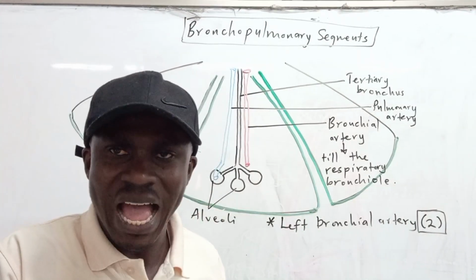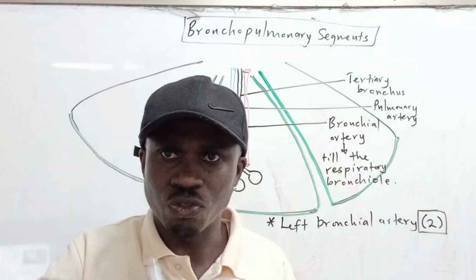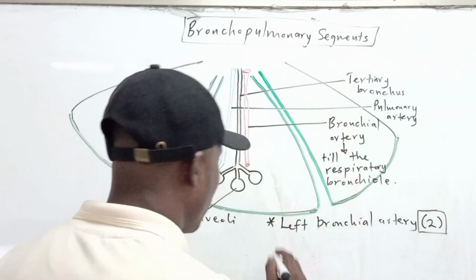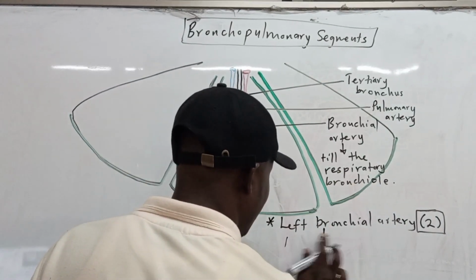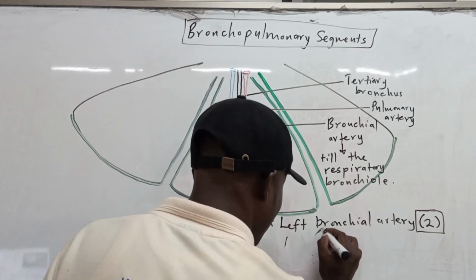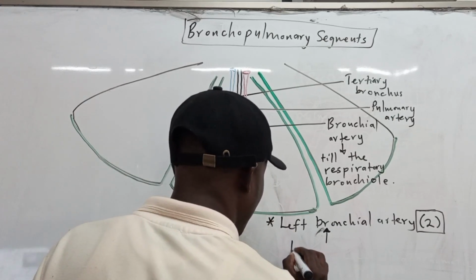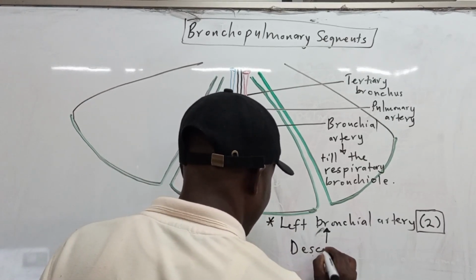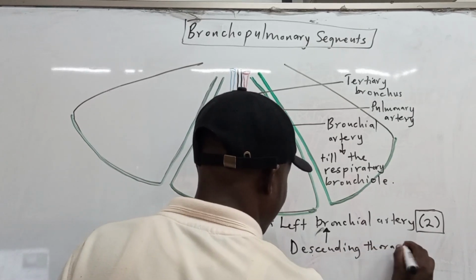And both of them are directly arising from the descending thoracic aorta. And that's an important thing I want you to know, that they will arise from the descending thoracic aorta. Let me put it this way: they will be coming from direct branches of the descending thoracic artery.